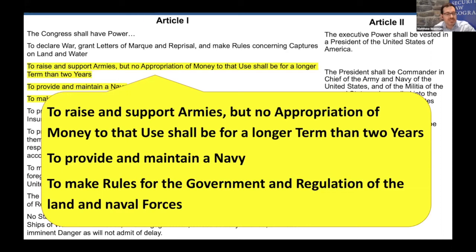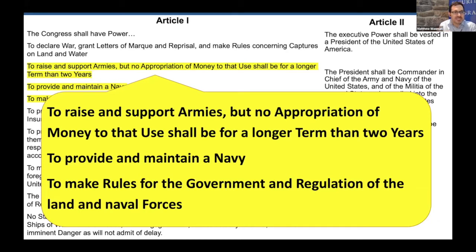Now, 2 years happens to be the term of office for the House of Representatives, and periodic elections mean that the executive branch would continually have to return to Congress in order to keep an army funded. I interpret this as essentially an automatic kill switch, a circuit breaker in case the standing army runs amok.